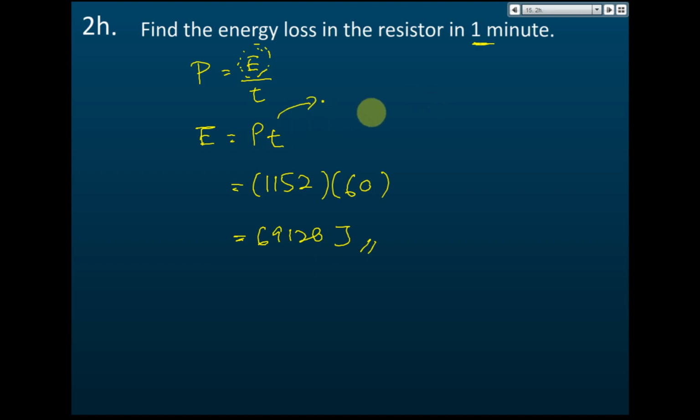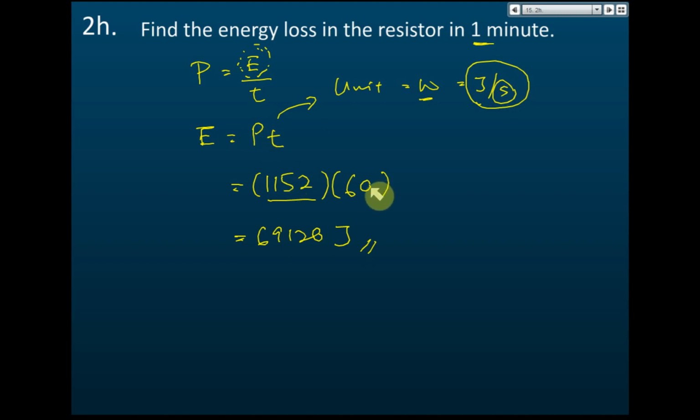Now the unit of power is watt. Watt is joule per second. So this 1152 is in watt, so the time must also be in seconds. We cannot use joule per second for power and then use minutes.